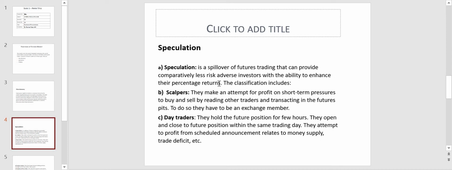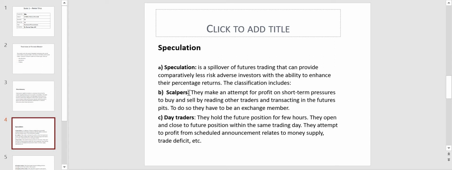Sometimes you may predict the prices of the underlying assets may go up, and you may get into a buy future contract. Sometimes you may predict the prices of the underlying asset may go down and you will go for a sell future contract.